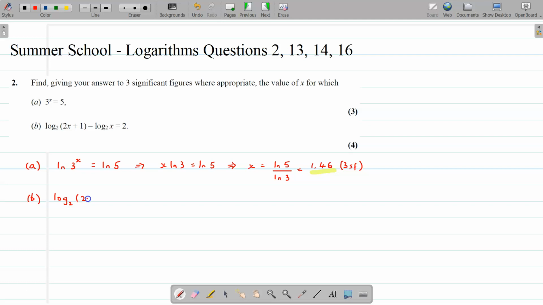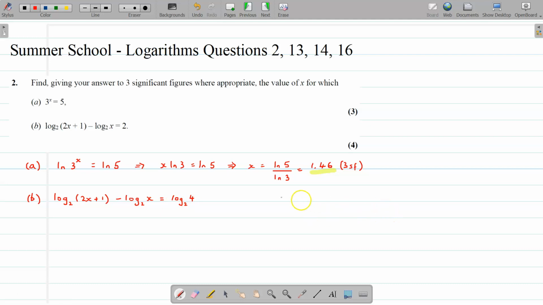So my first step is to write that down like this: log to base 2 of x. If you don't know these logarithm rules, you've really got to learn them, because they are vital. So this is the same as log to base 2 of 4, simply because 2 squared is 4.